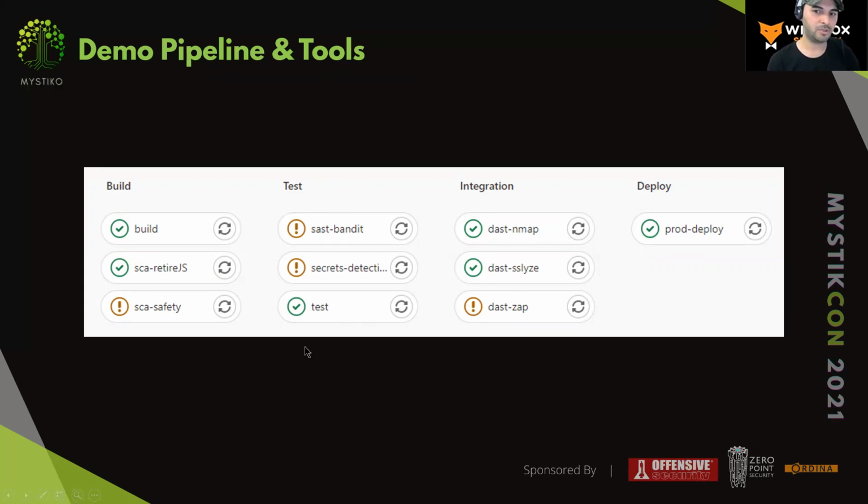So what we're trying to show you here is what different type of tooling we have implemented at each stage. So in the build stage here, we are just building the application to make sure there is some sort of artifact for us to do some sort of testing. In the build stage, we are running a tool called Retire.js. What this tool does is run software composition analysis, and it's going to find vulnerabilities regarding any outdated JavaScript libraries.